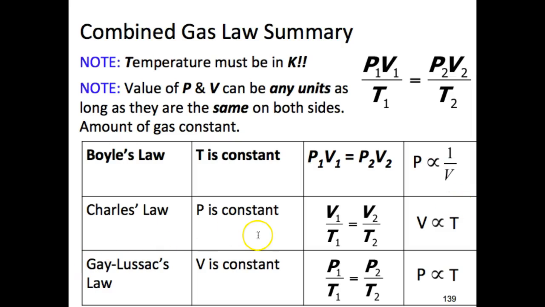For Charles' law, pressure is constant. Our equation is V1 over T1 equals V2 over T2. Temperature must be in Kelvin. Volume over temperature is equal to a constant, so we could say volume is proportional to temperature. Gay-Lussac, volume is constant. Our equation is P1 over T1 equals P2 over T2. Again, temperature must be in Kelvin, and the pressure is proportional to the temperature.